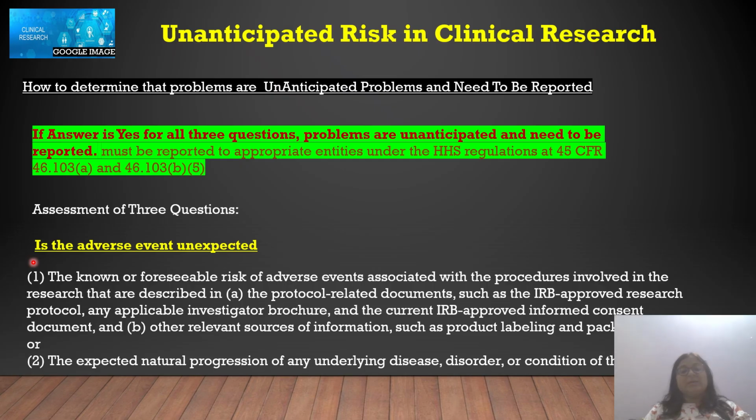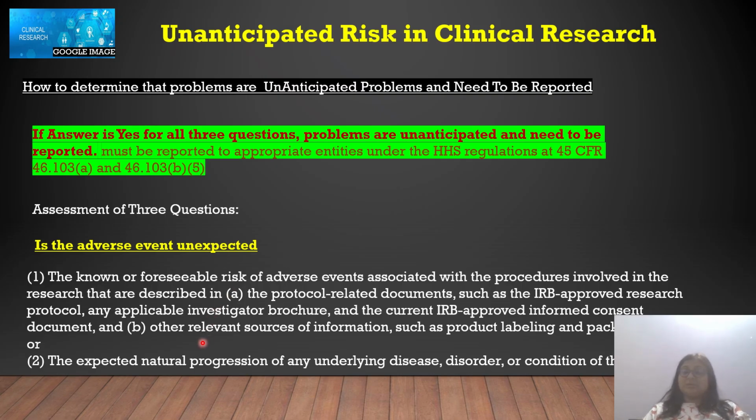First question is: is the adverse event unexpected? To analyze this, we will have to see whether this problem was mentioned in protocol related documents, like any informed consent, or the IRB approved research protocol, or any other relevant source. If it is missed in the protocol or informed consent, was it mentioned in the labeling of that particular medicine or device?